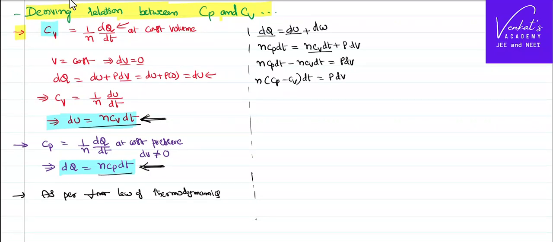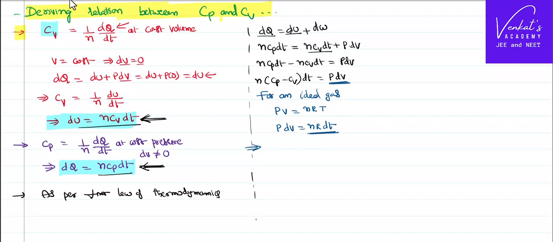But we know, as per the ideal gas equation, as we are writing a relation for an ideal gas, the equation is PV equal to nRT. So if I differentiate that at constant pressure, PdV can be written like, n and R are constants, nR dT. So in the place of this PdV, I can write this value nR dT.